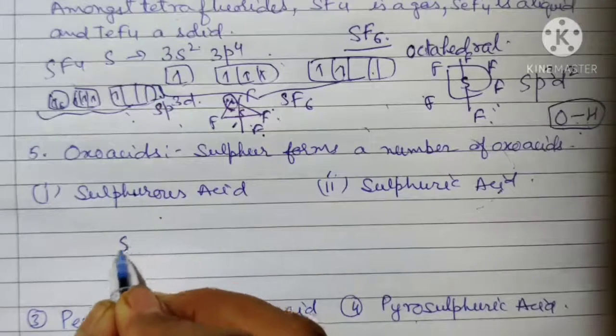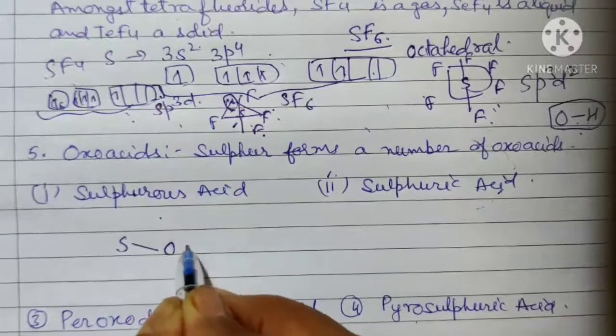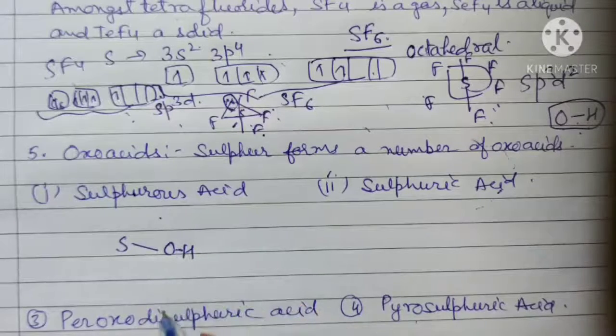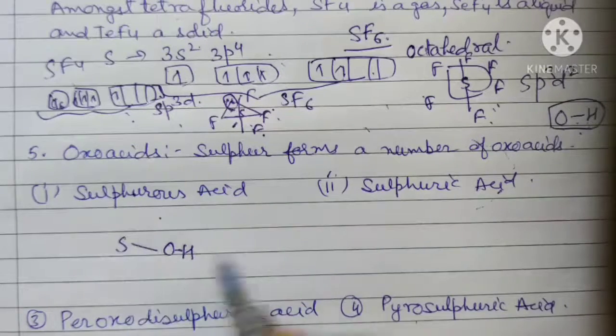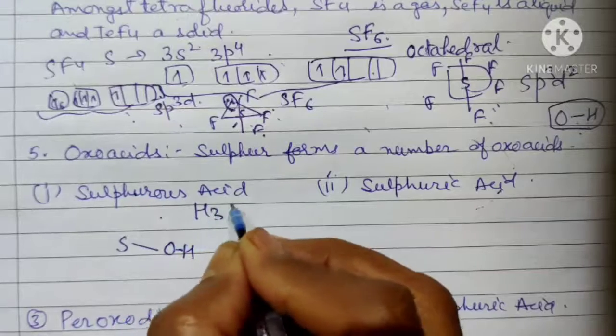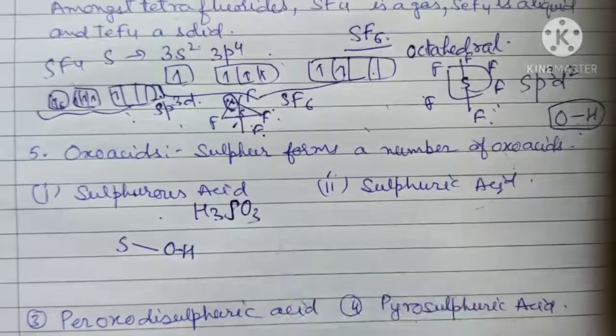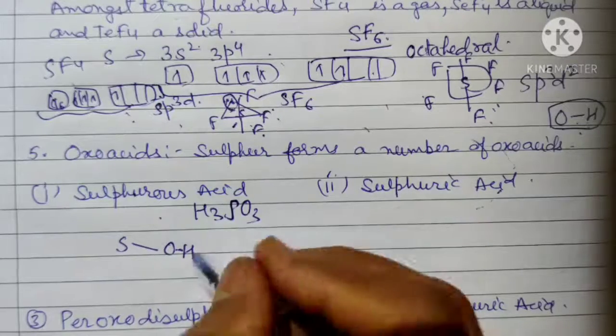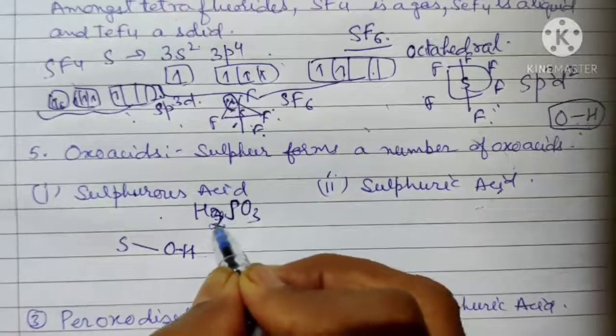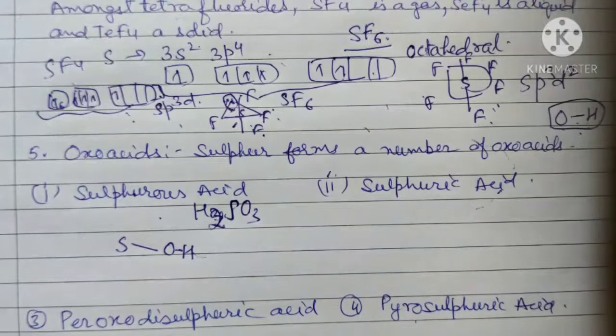First thing, sulfur is having at least one OH bond. In the sulfurous acid, the formula is H2SO3. This is the formula for sulfurous acid.